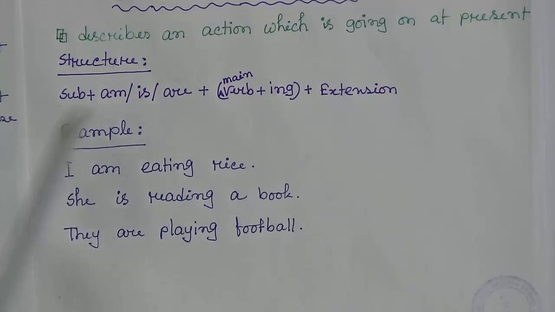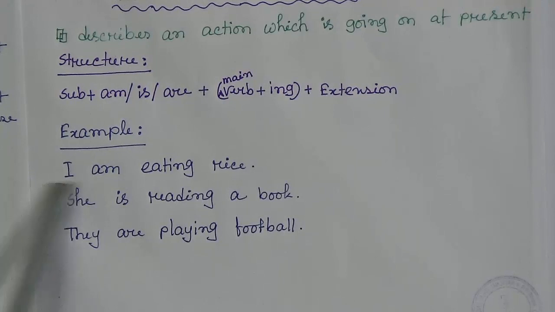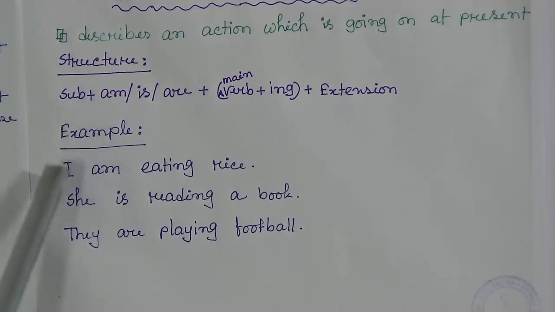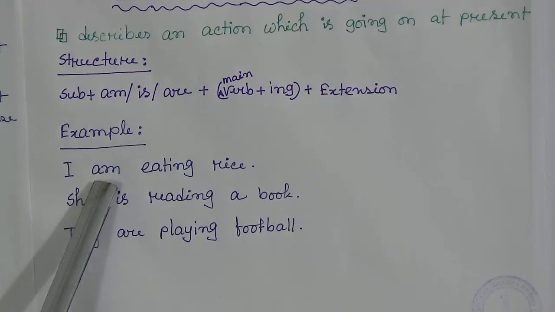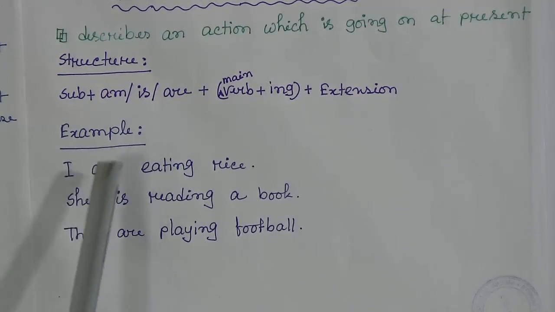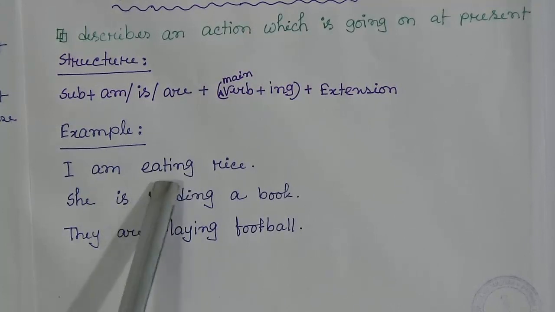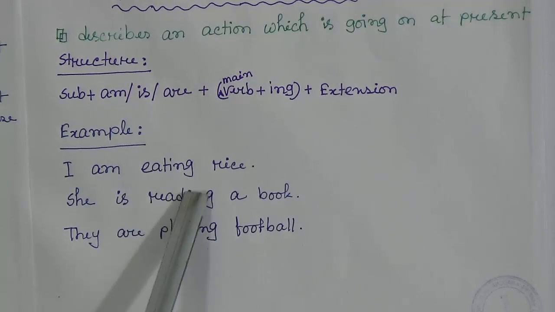Now it's time for examples. I am eating rice. Just follow the structure. This is subject I, and with am, is, are, we have to use here am. Here the main verb is eat, and we have to use ing according to the structure.